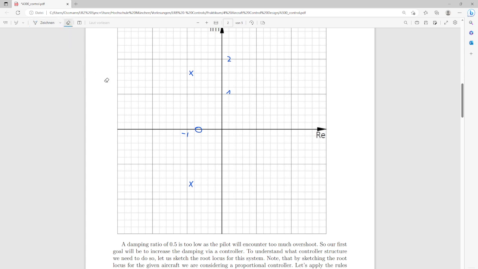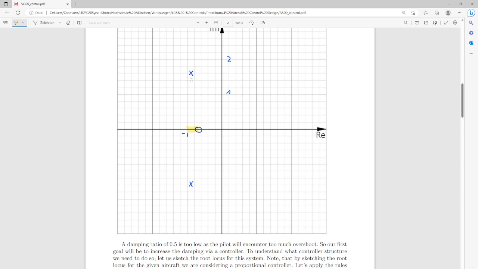So instead of a text marker, I'm going to use something here. Okay, this is rule number 5 of the root locus design. Whenever you look to the right, you should encounter an odd number, and then the x-axis belongs to the root locus curve. So here, this part does not belong to the root locus curve because it's 0. As soon as you cross over to here, you have one element.